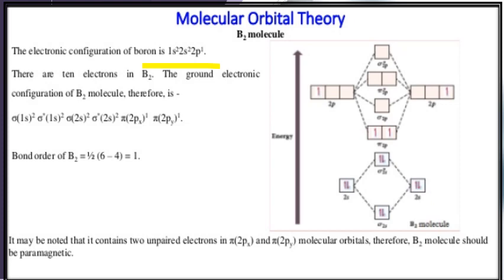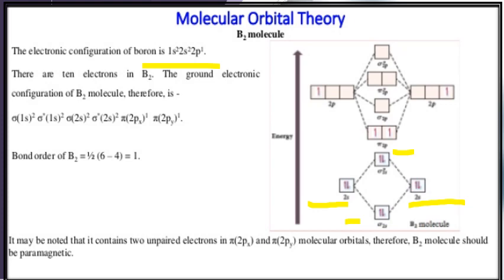You can see in the 2s orbital of each boron atom there are 2 electrons, and we have only 2 molecular orbitals to be filled for this level. It is sigma 2s, the bonding molecular orbital, and sigma star, the anti-bonding molecular orbital.